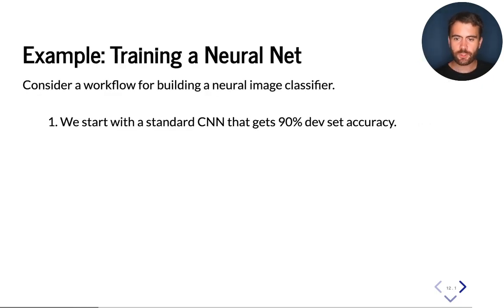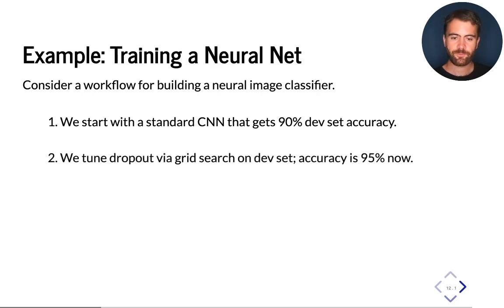And finally, I would like to conclude with an example. Imagine that we want to apply this workflow to training a neural network, initially for image classification. We start with a convolutional neural network, and we have 90% accuracy on our dev set.